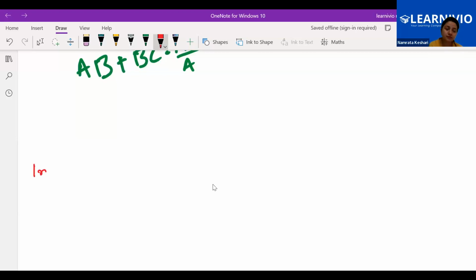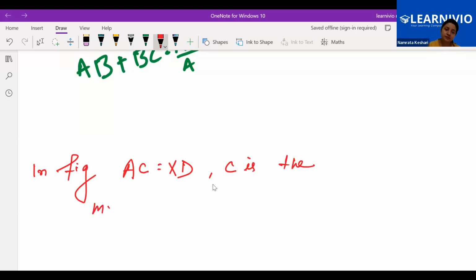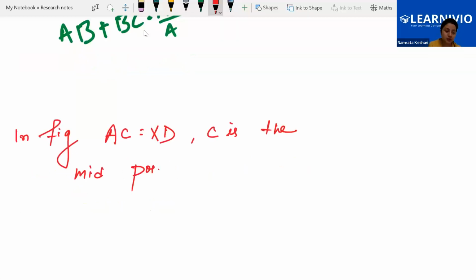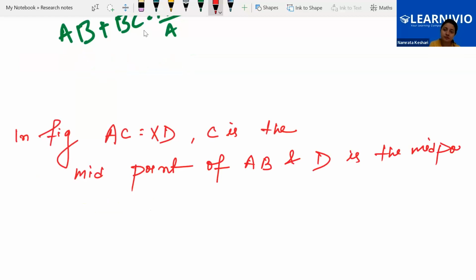In the figure, I'm drawing the figure. AC is equal to XD. C is the midpoint of AB, and D is the midpoint of XY.